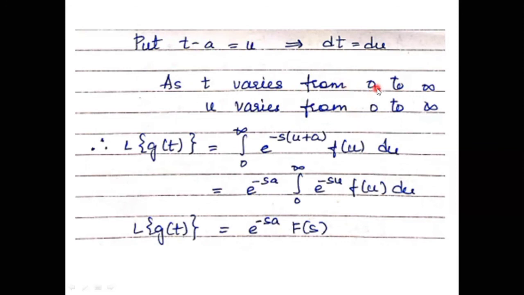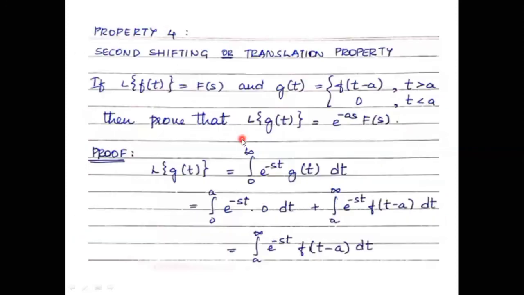So when t varies from a to infinity, u varies from 0 to infinity. I have used all this, that is t minus a equal to u, dt equal to du, and this variation for u, in the previous integral.